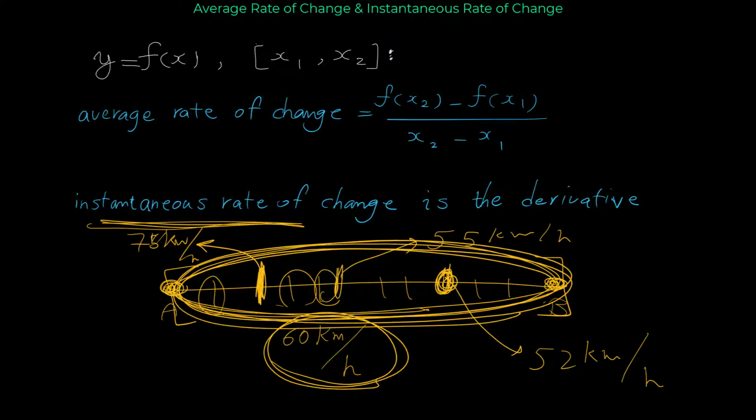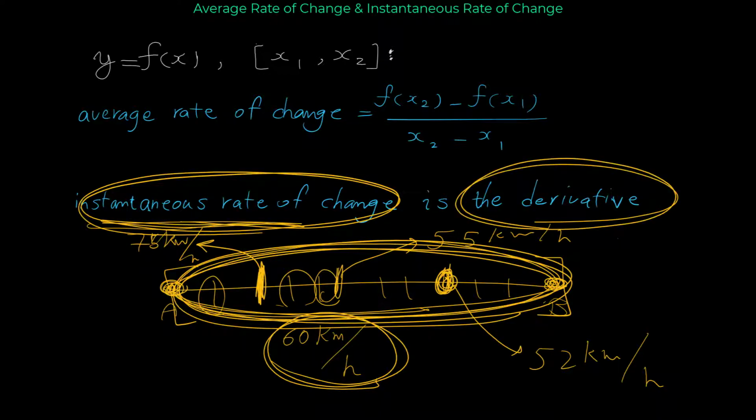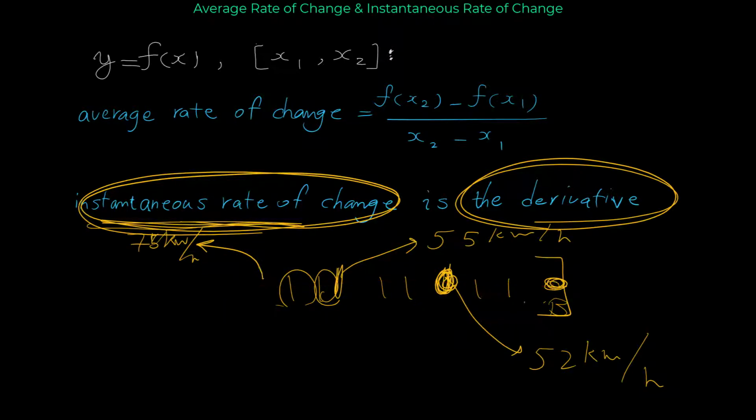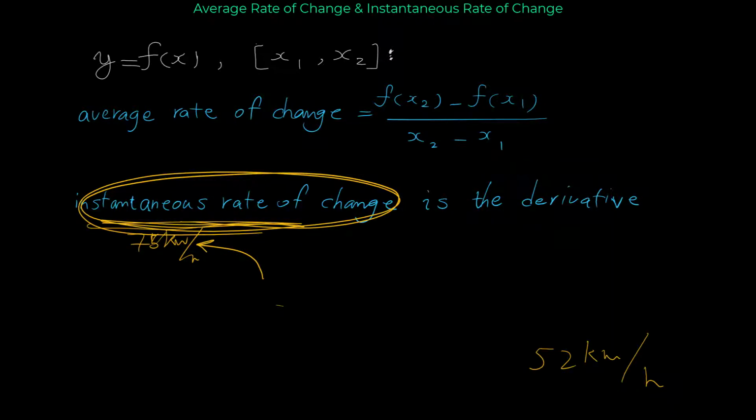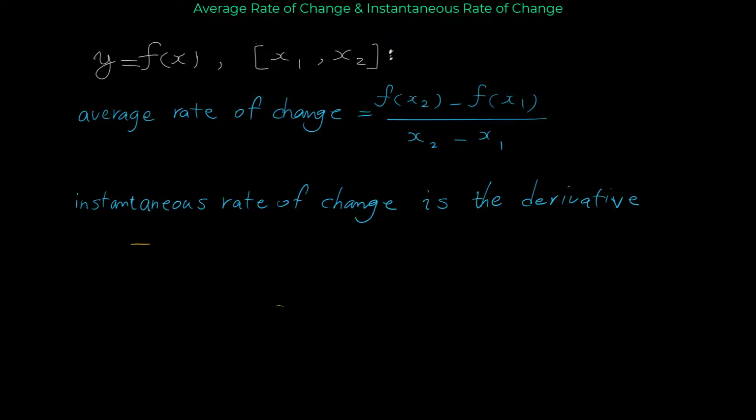And for finding the instantaneous rate of change, you have to find the derivative of the function. Now, by doing some examples, we can understand these two concepts better.